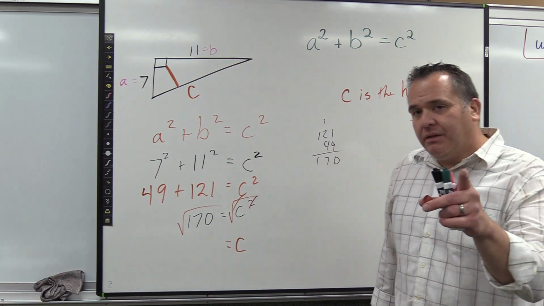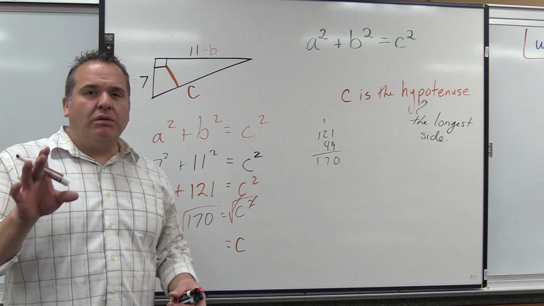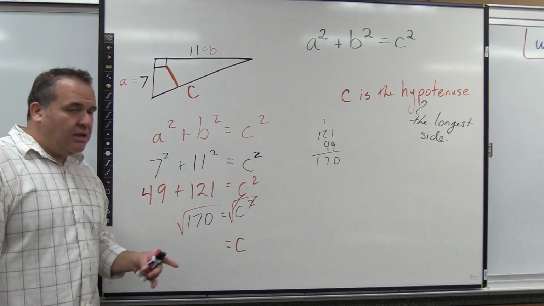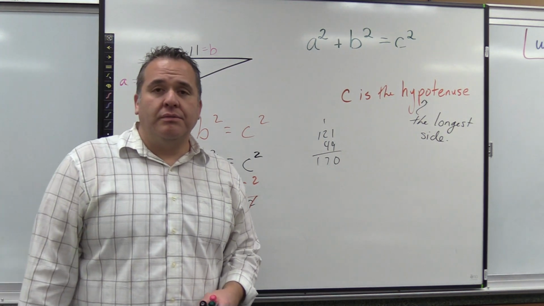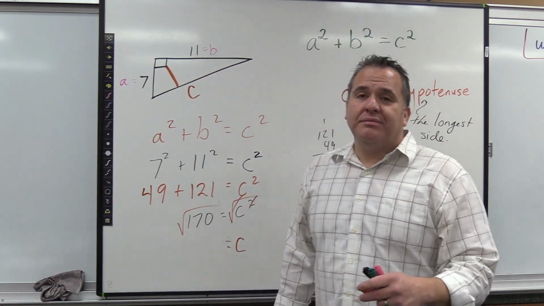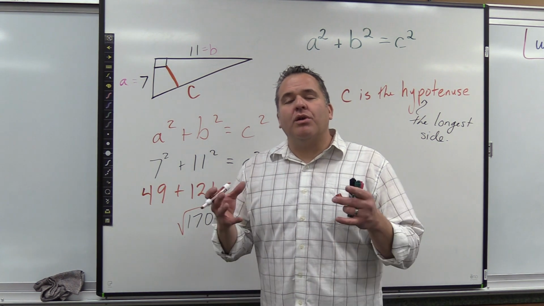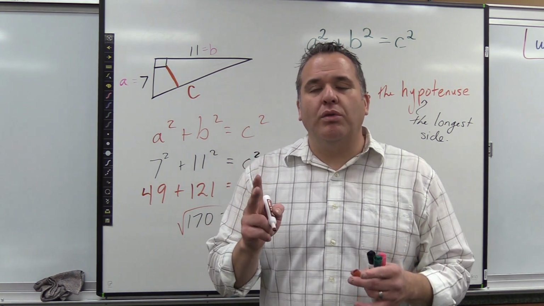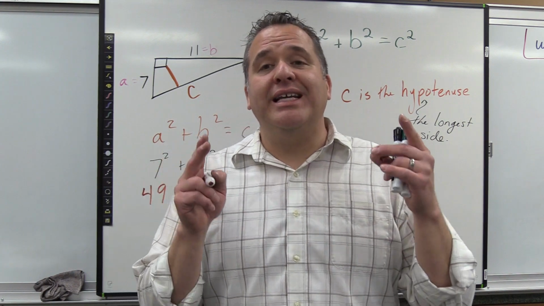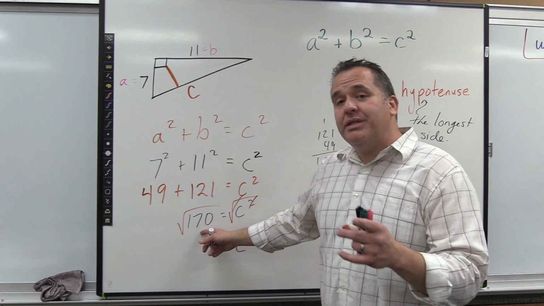Now, think for a second. What numbers multiply together to give you 170? They got to be the same numbers. Can't think of one. You know why? Because there are no two numbers that multiply together to give us 170. It's the square root of 170, folks.